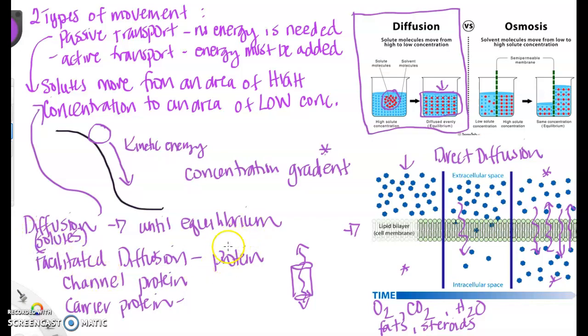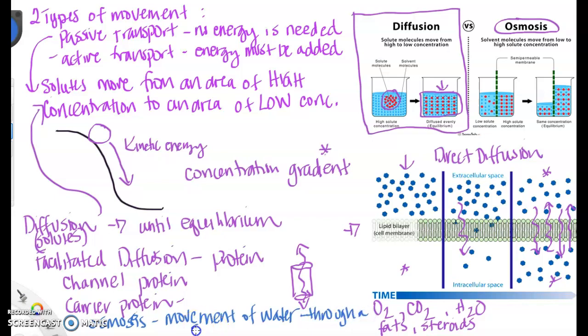Okay, the other type of diffusion is actually called osmosis. Osmosis is the movement of water. Osmosis is the movement of water from a high concentration to a low concentration of water, through a semi-permeable membrane.